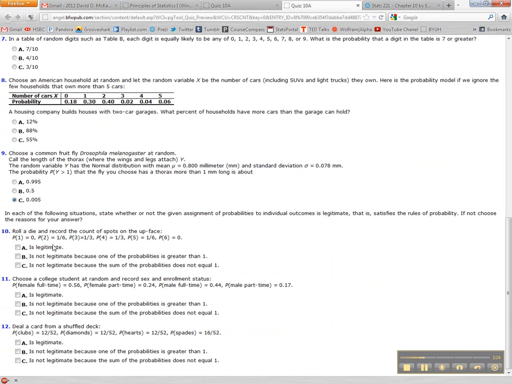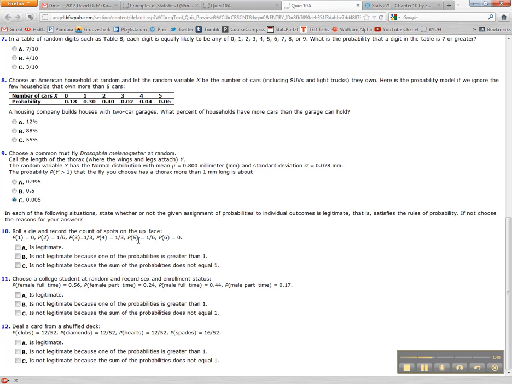So let's look at number 10. It says you roll a die and record the count of spots on the up face. When you're thinking about dice, you typically have 6 faces, right? You know this because at one point in your life you have rolled a die. You know that you can roll a 1, a 2, a 3, 4, 5, or 6.